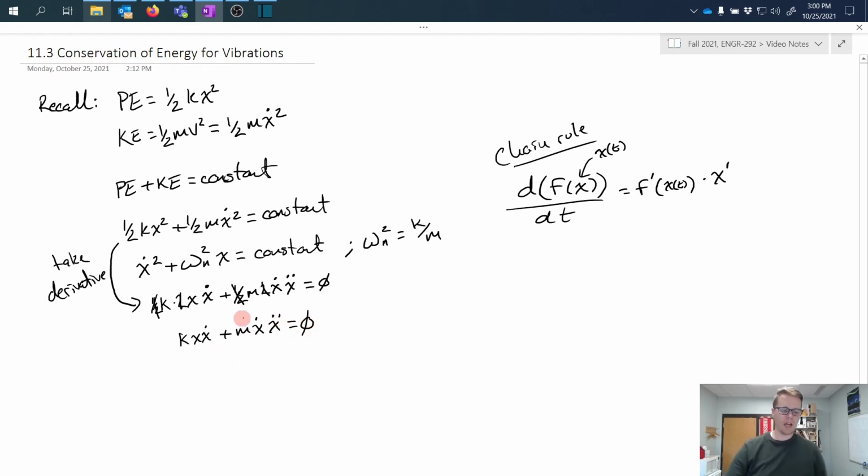I can see that I have a common term of x dot, so I'm going to pull that out: x dot multiplied by the quantity kx plus m x double dot equals 0. Because I have 0 on the right hand side, I can divide x dot out, and then rearrange and write this in the form m x double dot plus kx equals 0.